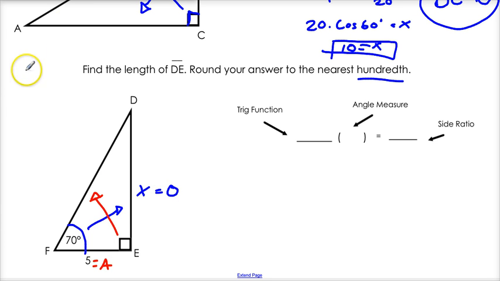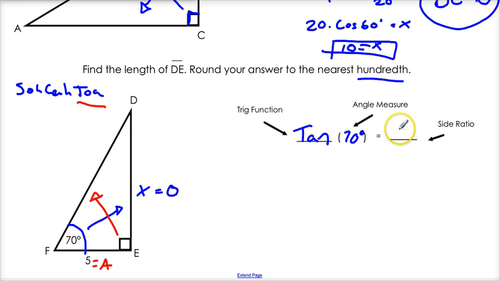Let's write it out. SOHCAHTOA. If we have opposite and adjacent, this is going to be the tan function, right? So we're going to use the tan function. Tan of 70 degrees, we put in the angle measure, is going to be equal to opposite over adjacent.